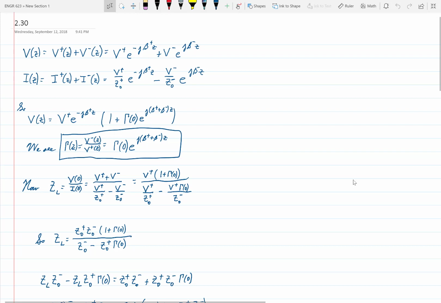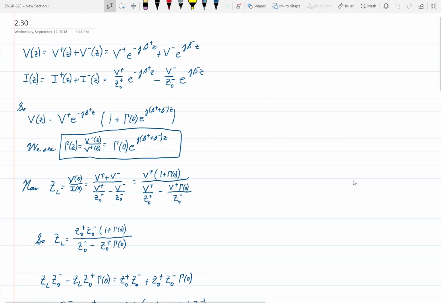This problem says, consider a non-reciprocal transmission line having different propagation constants, beta plus and beta minus, for propagation in the forward and reverse directions, with corresponding characteristic impedances Z0 plus and Z0 minus.